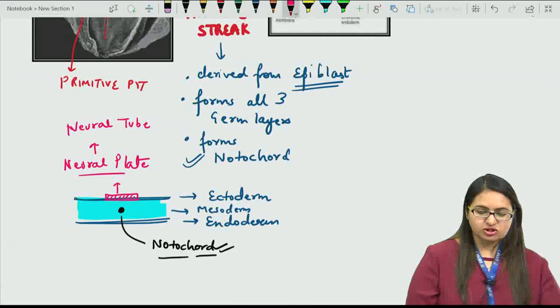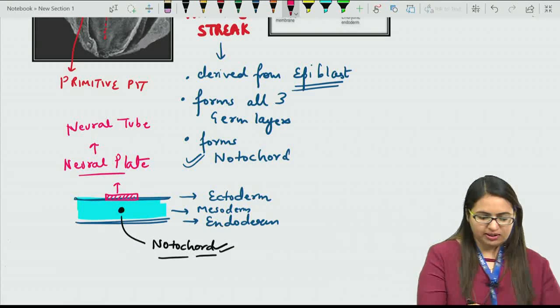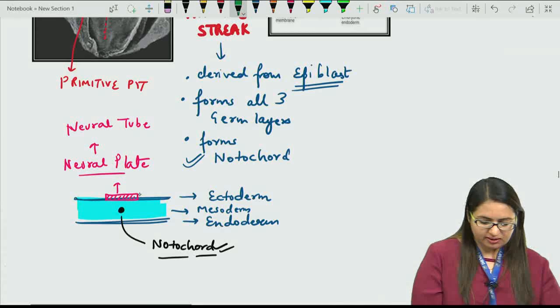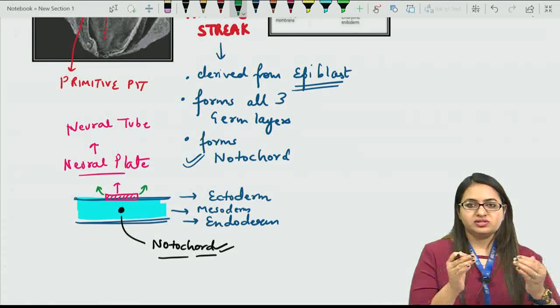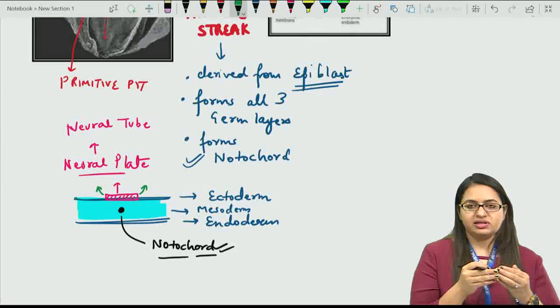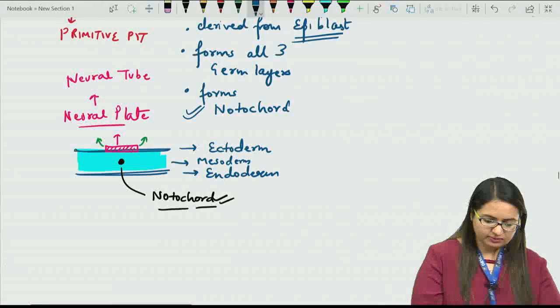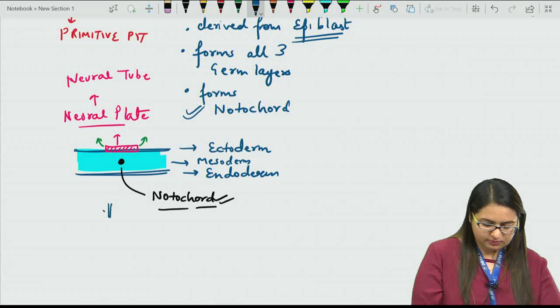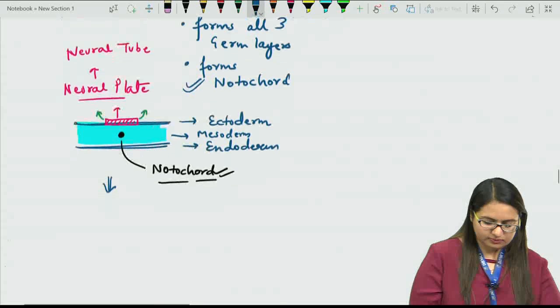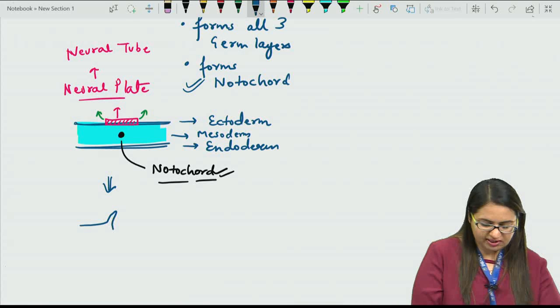Later on, from the sides of the neural plate, the folds come toward the midline, they fuse, and they lead to the formation of the neural tube. So later on, the folds arise like this.